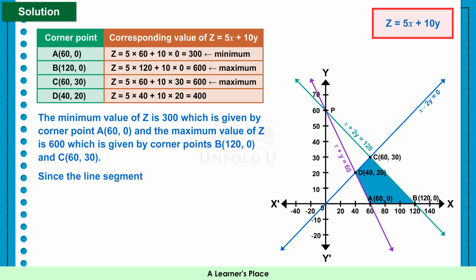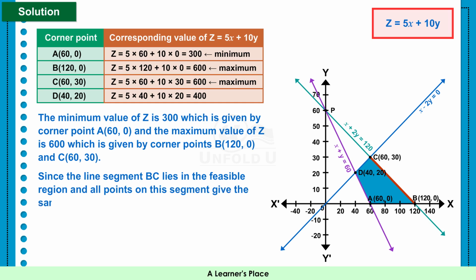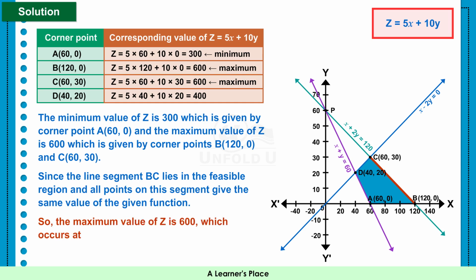Since the line segment BC lies in the feasible region and all points on this segment give the same value of the given function, the maximum value of z is 600, which occurs at all points of line segment BC. Hence, proved.